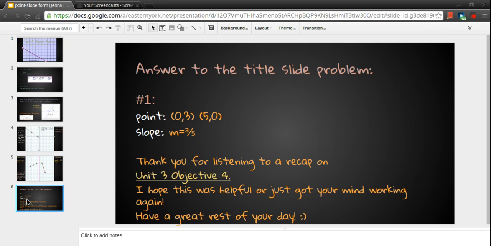Okay, so our points should be 0, 3, and 5, 0. And our slope would be 3/5.